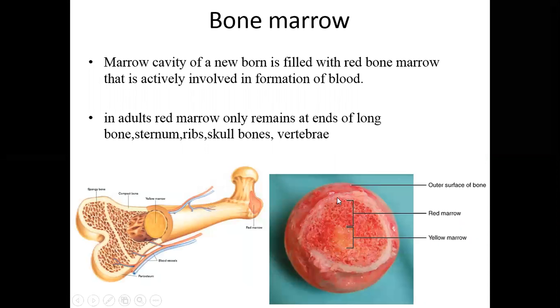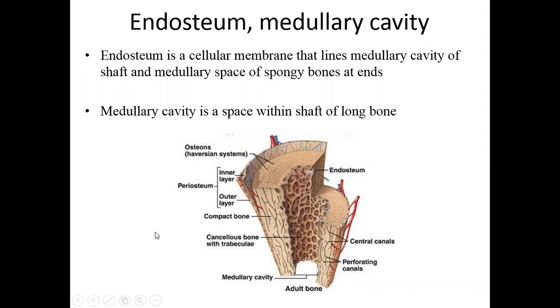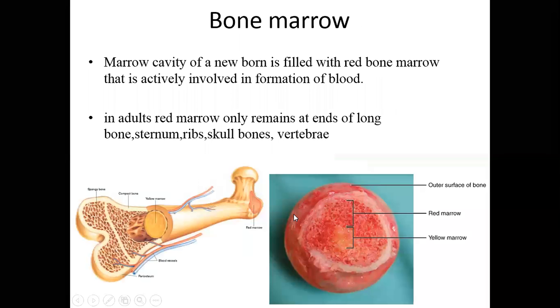I'm sure that you might have seen the bone marrow. So bone marrow, this area, we said that there is a cavity here inside. This cavity is filled with a structure that is called bone marrow.